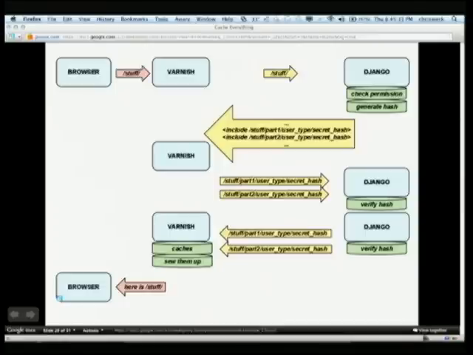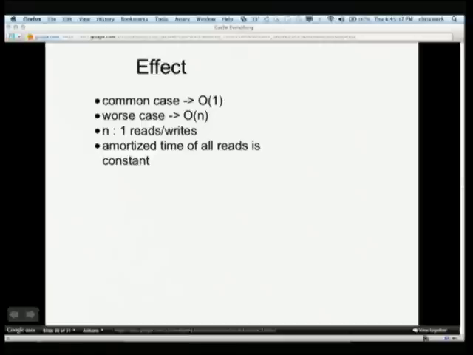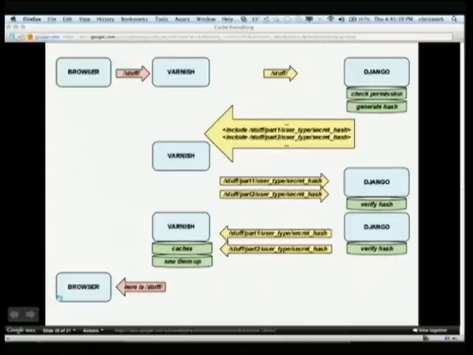But what is going to be interesting is subsequent requests. Hang on a second. I didn't have that slide. But on subsequent requests, when Varnish hands over the request to Django, it still does the permission check and generates the hash.